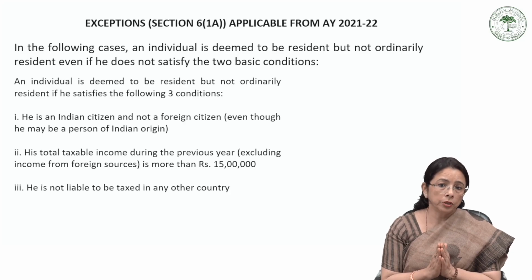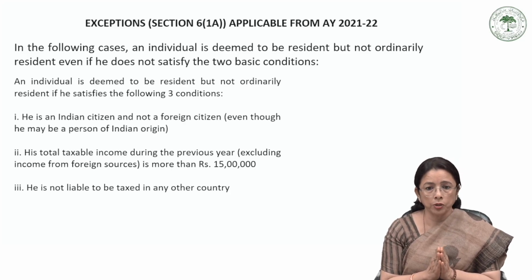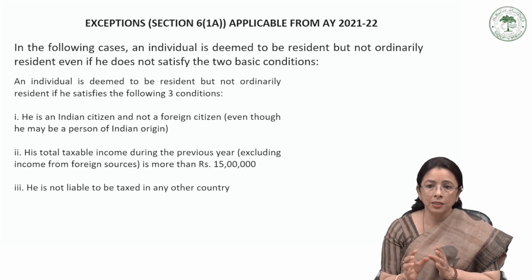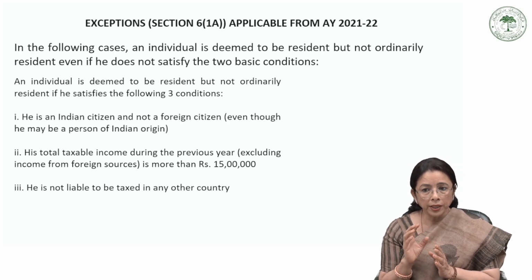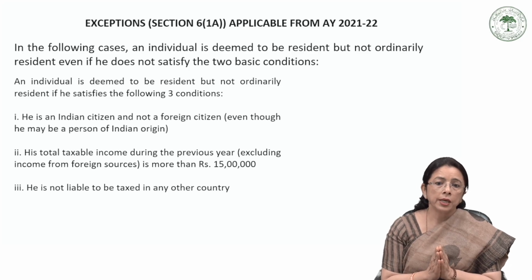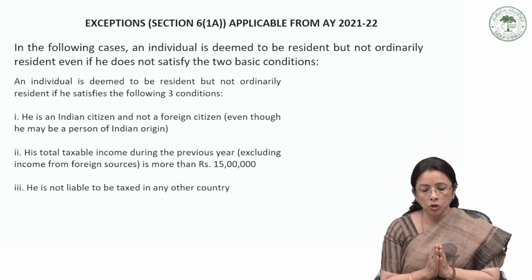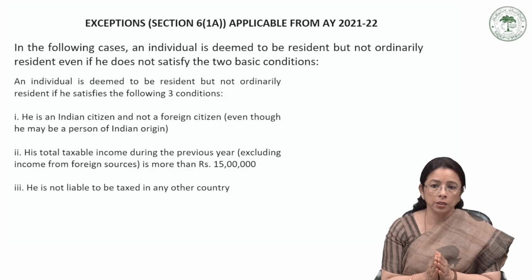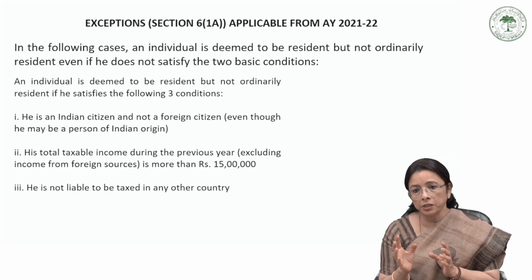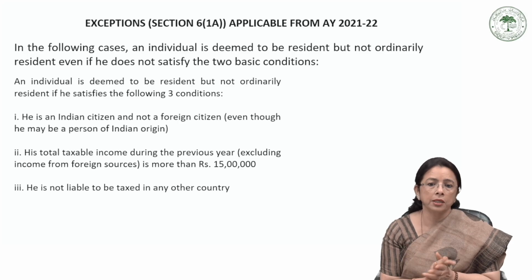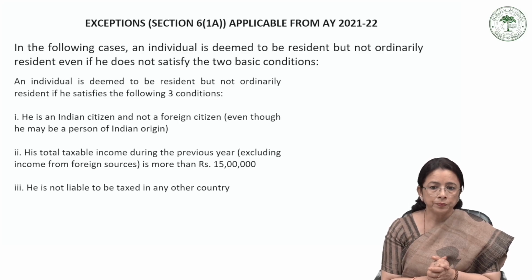Second, his total taxable income during the previous year, excluding the income from foreign sources, exceeds rupees 15 lakhs, and he is not liable to tax in any other country by reason of domicile, residence or any other similar criteria during the previous year.